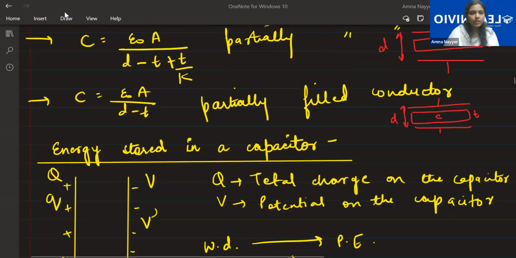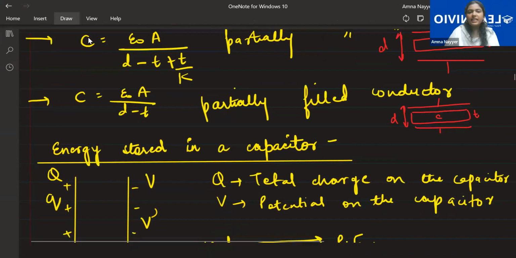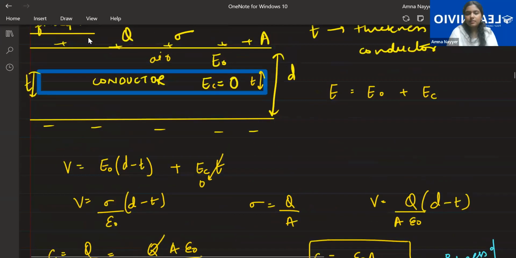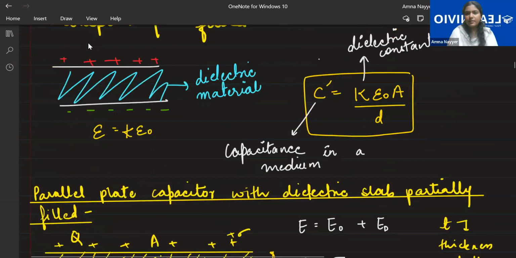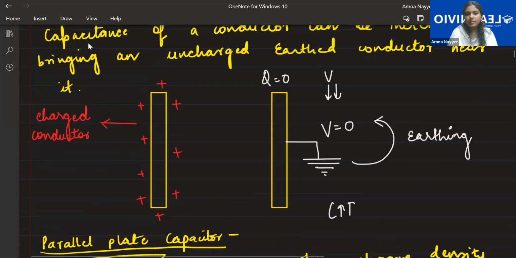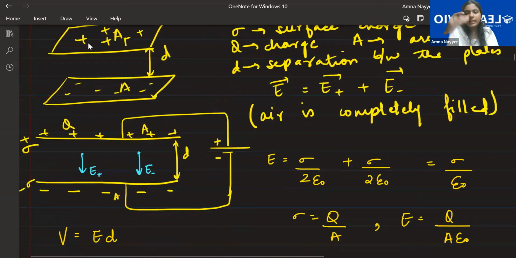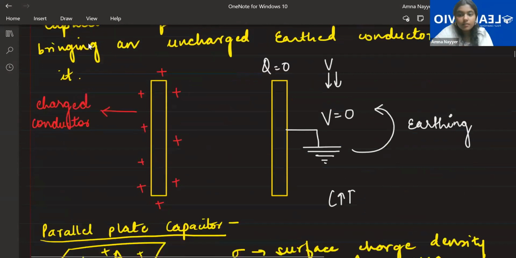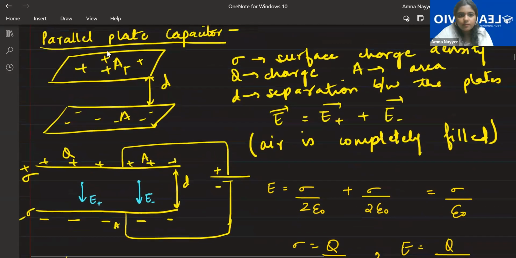Raneem, just one more thing. We didn't discuss parallel plate. The derivations, did we discuss? Ma'am, you asked me to note them down. You have written the derivations of parallel plate. Yes, ma'am. Did you understand it? Ma'am, it would be better if you explained again.